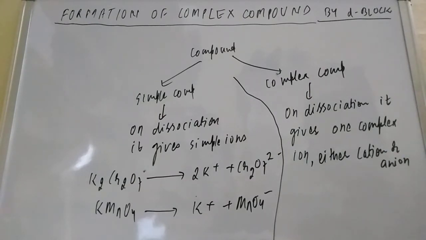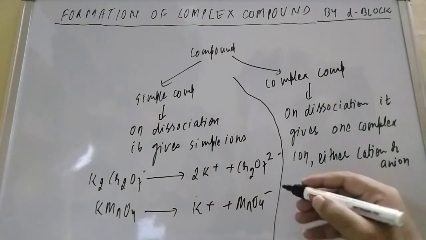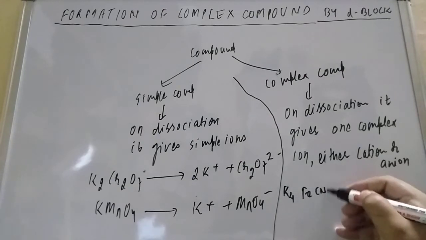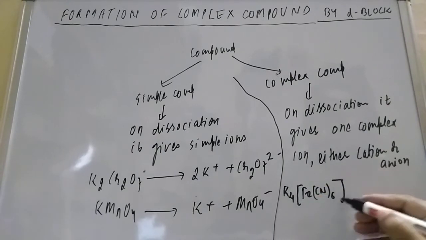For example, students, you can take n number of examples, but I am taking one. Suppose I have K4[Fe(CN)6].